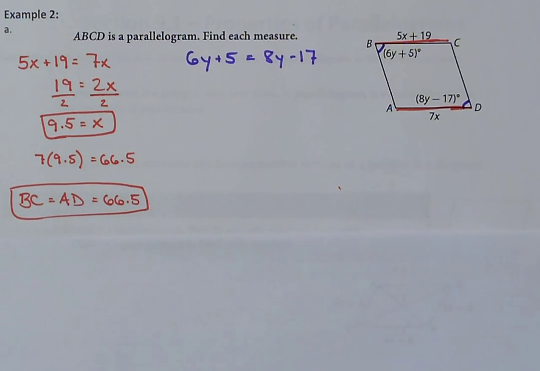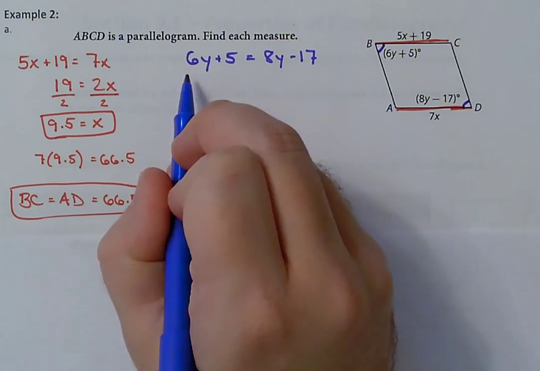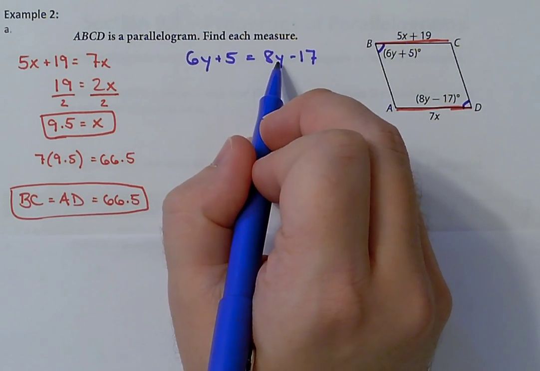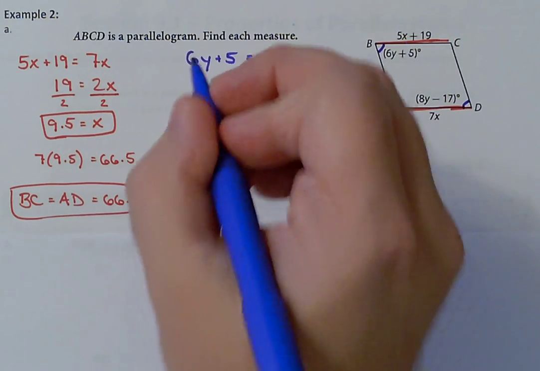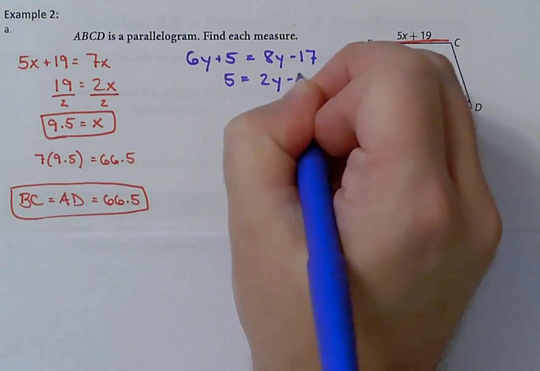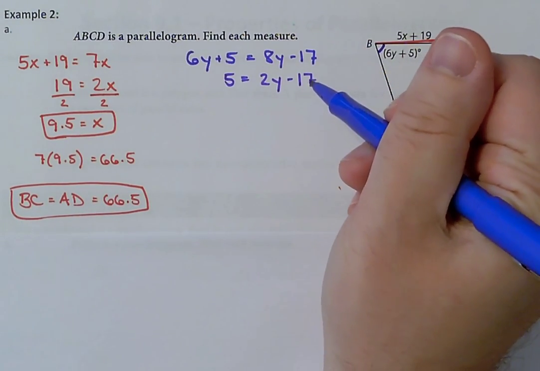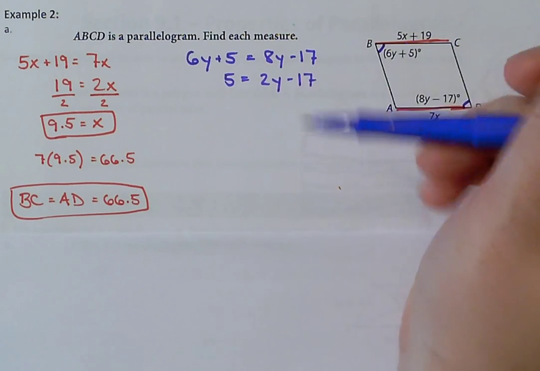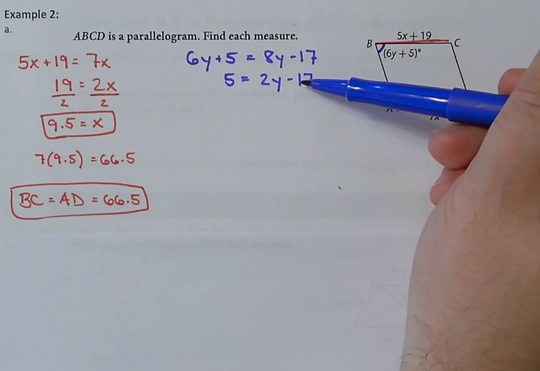So now that I have my equation set up, we just have to solve for y. I'm going to subtract the 6y over to the right. So 8y minus 6y, 8 minus 6 is 2. So we end up with 5 equals 2y minus 17. I then want to move the 17 to the left because it's minus 17. We're going to add 17.